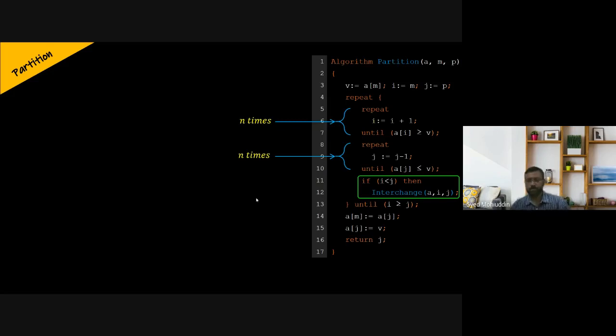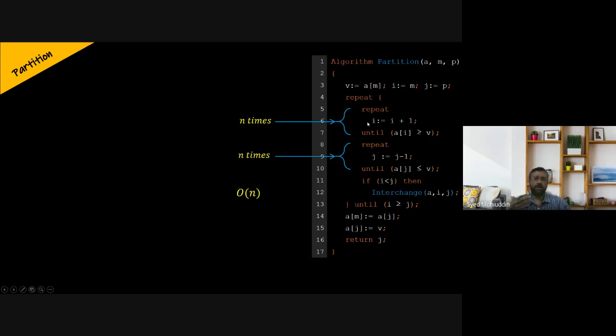The statement if I less than j, which checks whether I crosses j or not, is a primitive statement. And the statement to swap the pivot element with the element at index j is also a primitive statement. So we are bothered actually about n and n times with these two repeat statements.